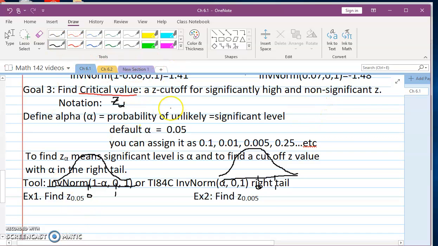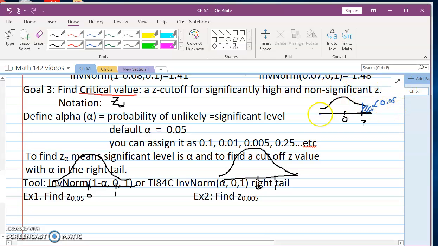So if I draw a picture of the z number line, these near zero are likely to happen by chance because the bell curve is like that. These are quite high, significantly high. But what is the cutoff so that these are all unlikely? Now it depends on what is unlikely, right? By default, unlikely has a probability of 0.05. So probability is area, so this must be 0.05 by default.